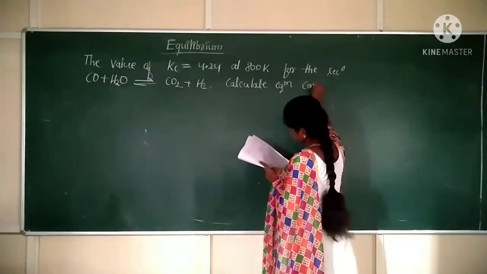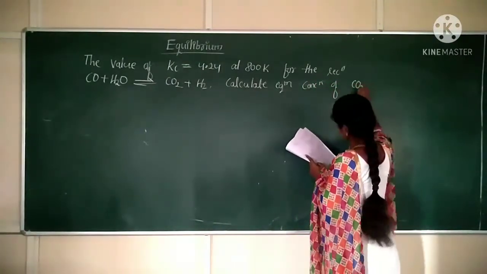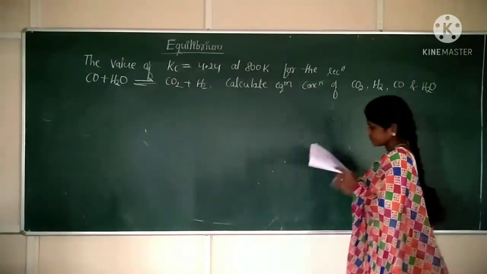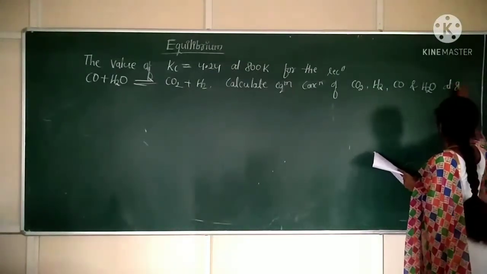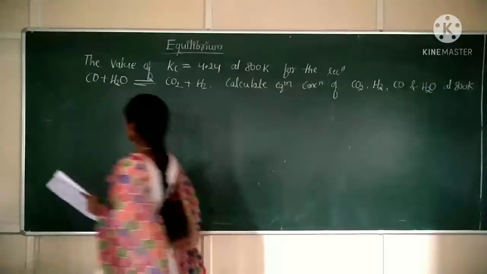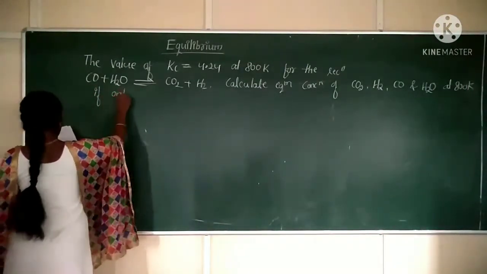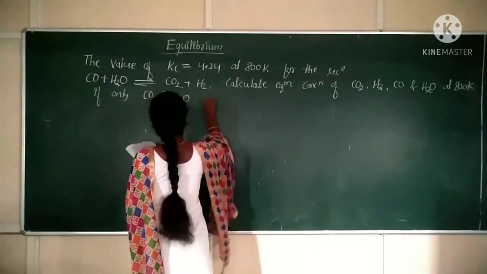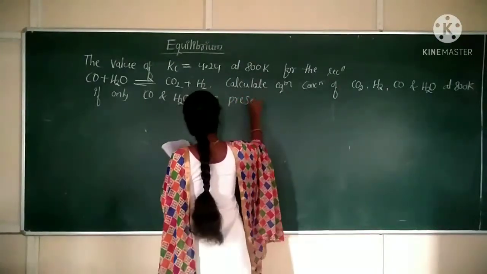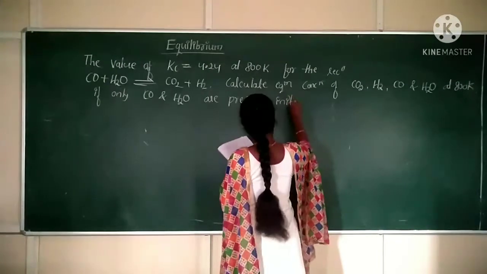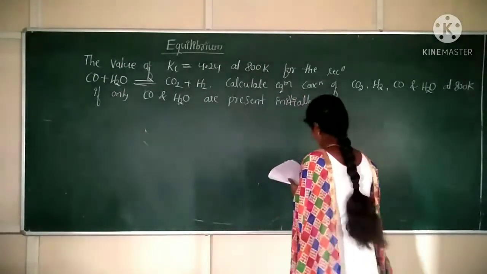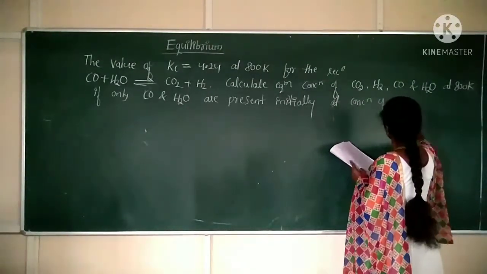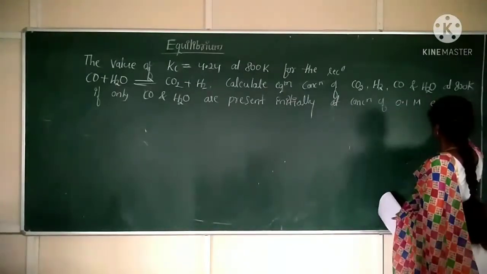the equilibrium concentration of CO2, H2, CO and H2O at 800 Kelvin, if only CO and H2O are present initially at a concentration of 0.1 M each.